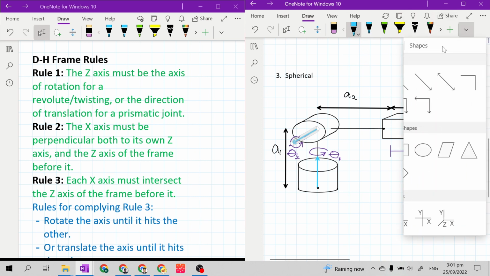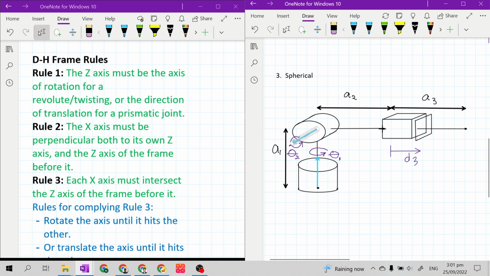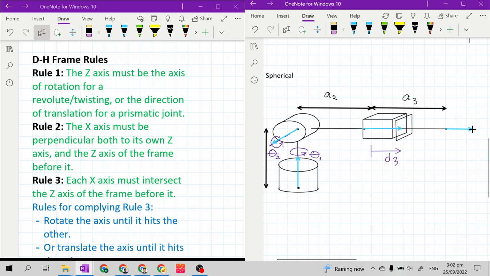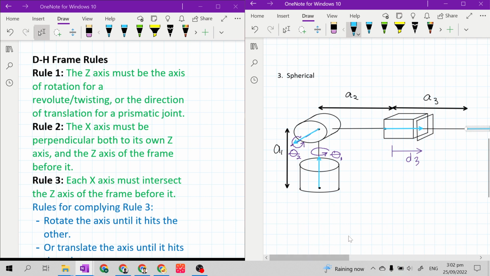And for the direction of translation, the direction of translation is rightward based on the projected square or the projected direction of our prismatic joint. And lastly, for the end effector, the practice is to follow the z-axis of the frame before it.